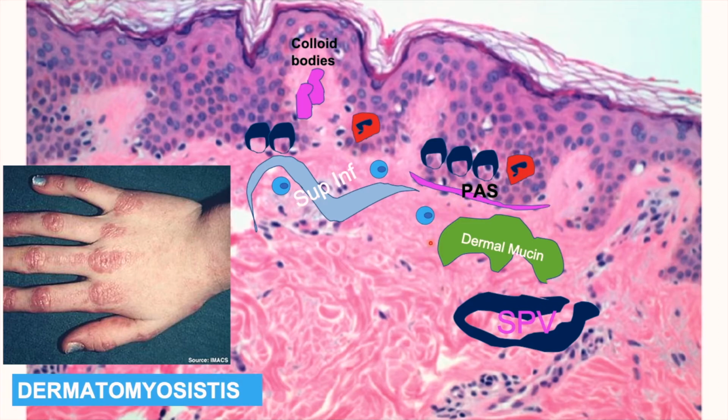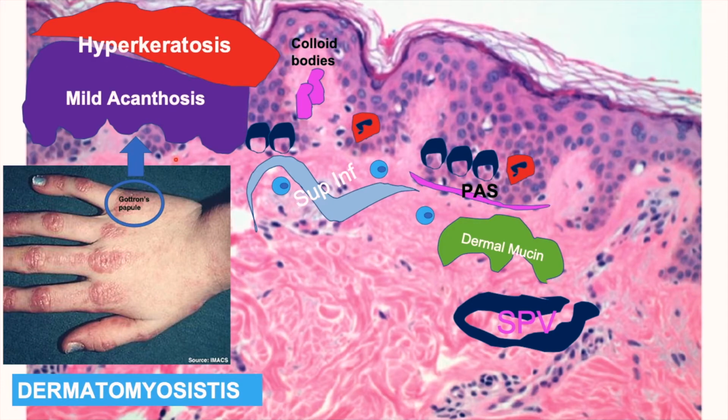But the important feature, which I think you can appreciate on H&E, and we will see in our unknown cases, is increased dermal mucin in the dermis. If you biopsy Gottron's papule, you will see hyperkeratosis and mild acanthosis, a helpful feature along with the other features to make that call.